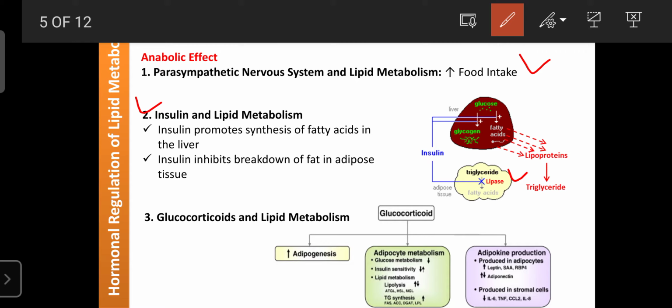So the next one is glucocorticoids. Glucocorticoids are hormones secreted from the adrenal cortex. The adrenal cortex is the covering layer of the adrenal medulla, and they are present on the cap of each kidney. They secrete hormones known as glucocorticoids.